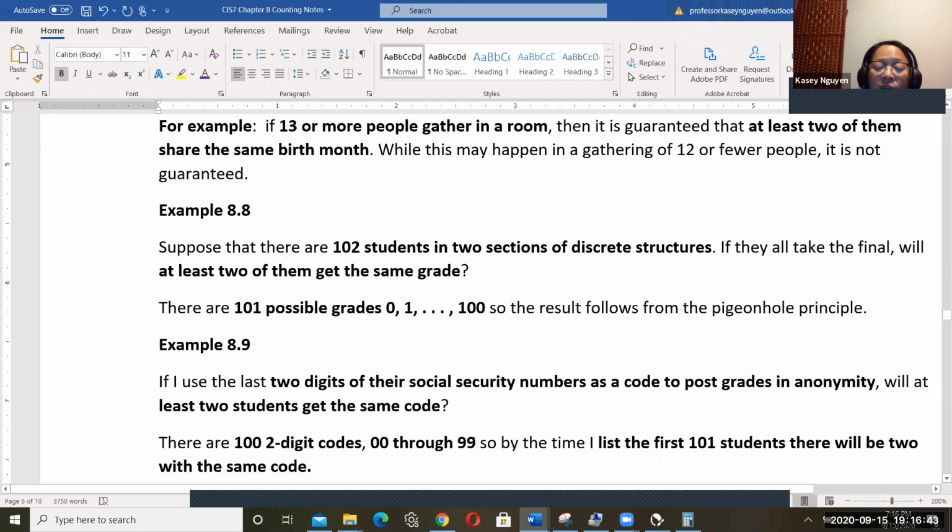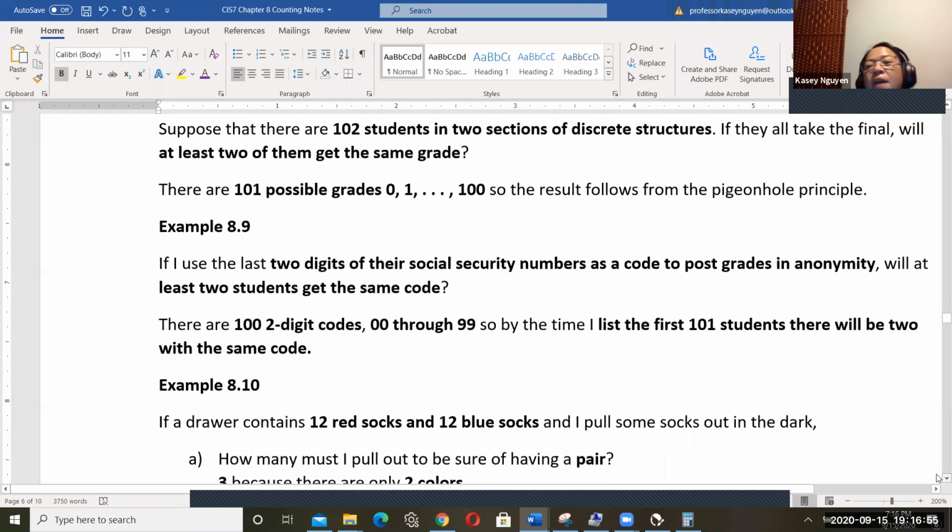That will give you the cardinality of the digit codes. And if you need to list 101 students, that way you won't have students that would have the same code. Okay. Any question with the Pigeonhole Principle?